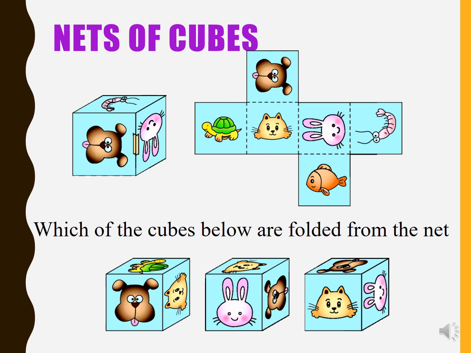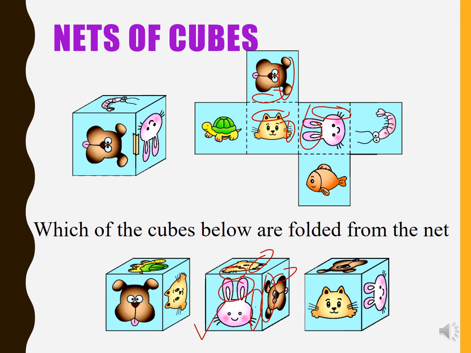The ear of the rabbit is pointing to the cat. Yes. And the ear of the dog is pointing to the face of the rabbit. Yes. And the ear of the cat is pointing to the face of the dog. So it is correct.